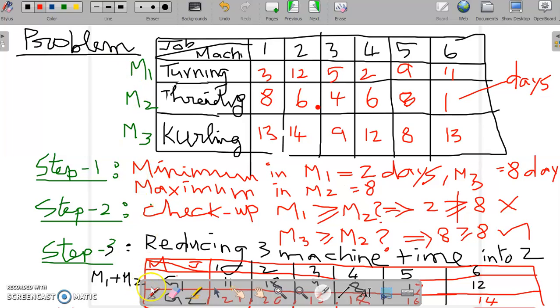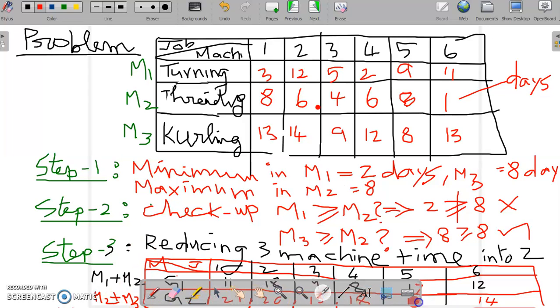And the second one is M2 plus M3. This is the second machine time.